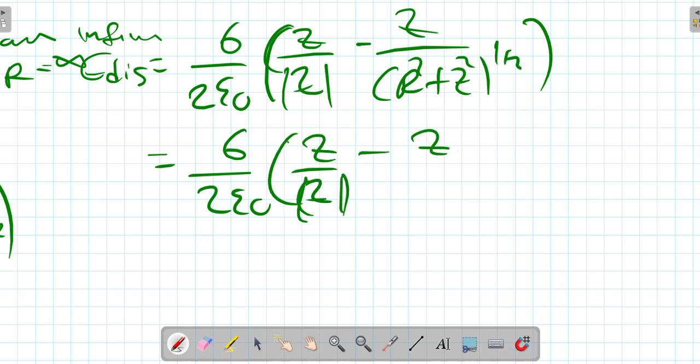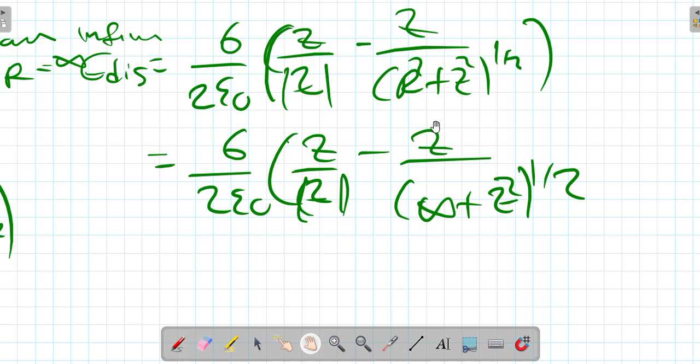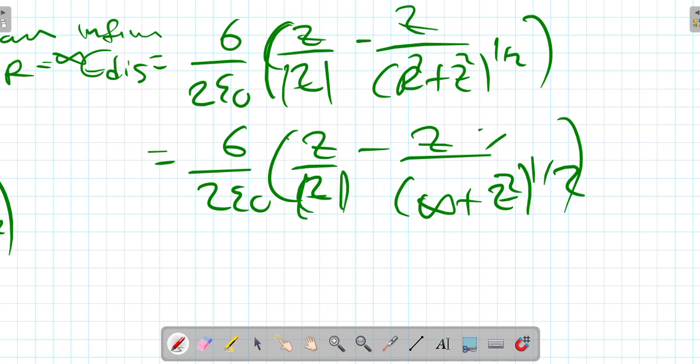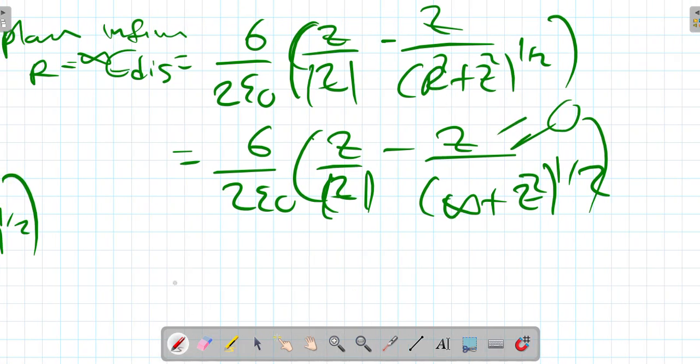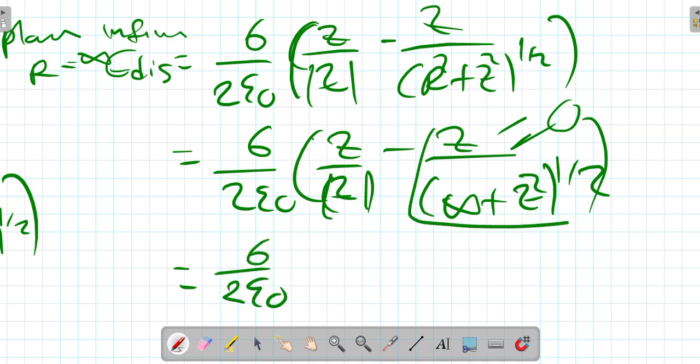Absolute value z over infinity plus z squared. Now if you remember, if we're dividing by infinity, we always get 0, because z is constant here. So over infinity, this part of the equation will be 0. If r is equal to infinity for an infinite plane, we're going to have sigma over 2 epsilon 0, and this part will disappear. So we're going to have z over its absolute value.